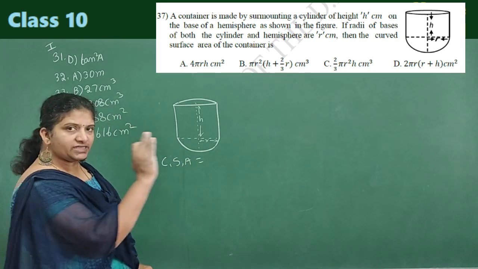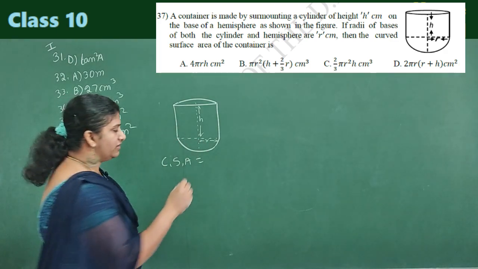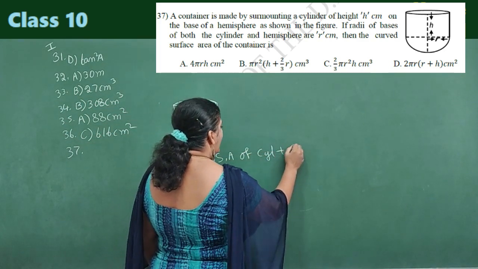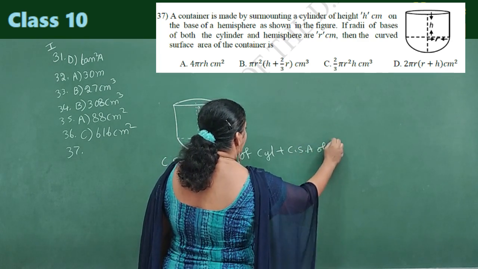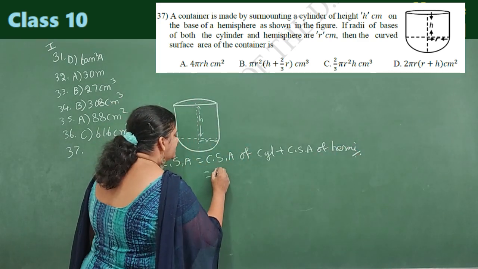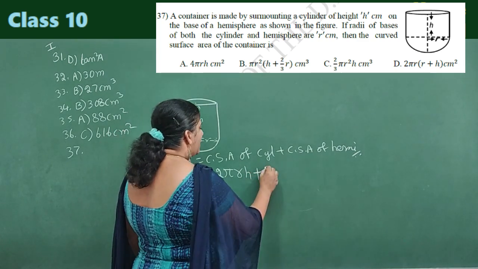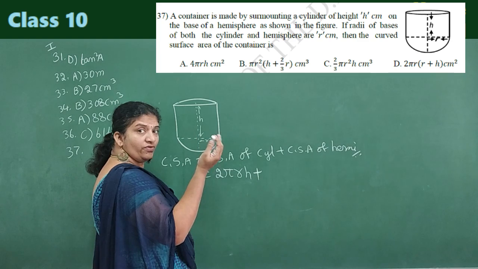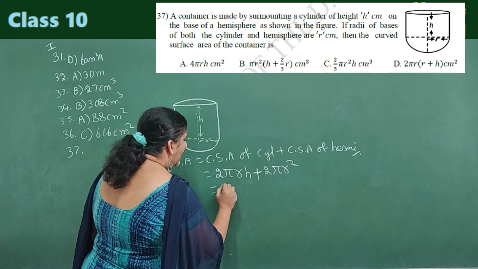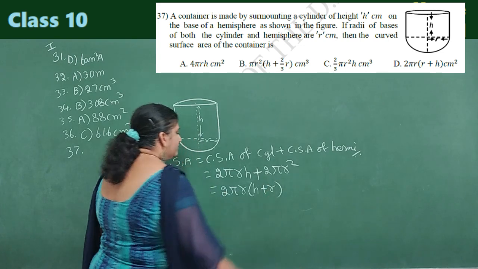Write the formula. CSA of a container means container is made up of cylinder and hemisphere. Therefore, CSA of cylinder plus CSA of hemisphere. CSA of a cylinder 2 pi r h plus curved surface area of hemisphere, it will be 2 pi r square. Take out common 2 pi r, h plus r.